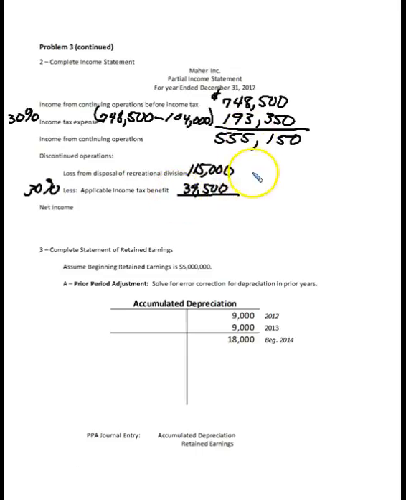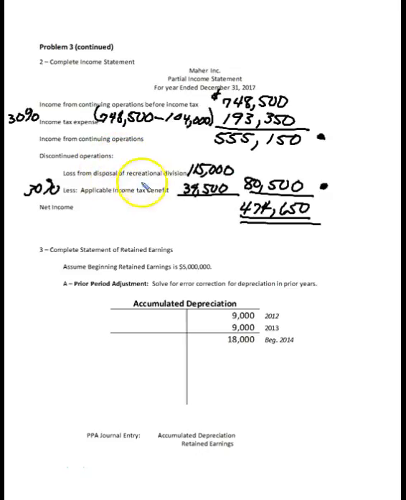So I'm going to have $80,500. So I have income from continuing operations, subtract the loss from discontinued operations, and I'll have net income, $474,650, for my final net income.